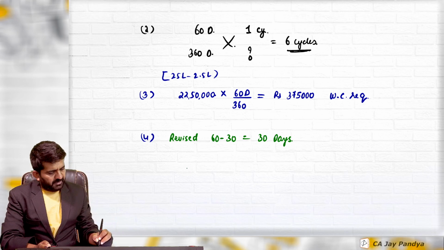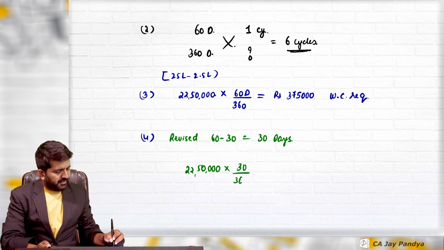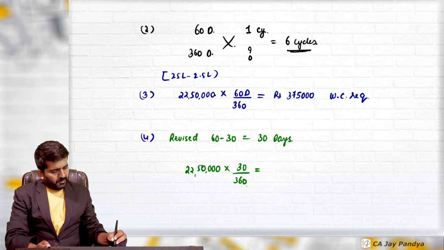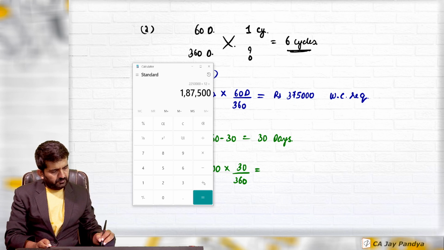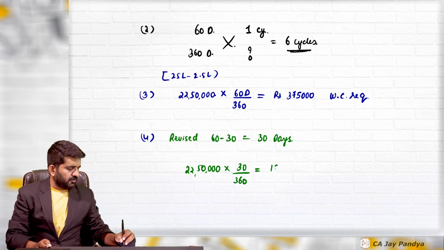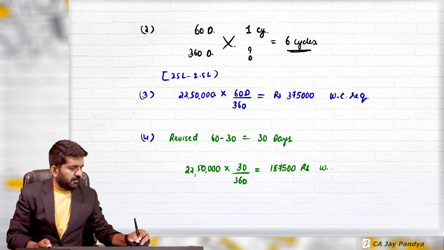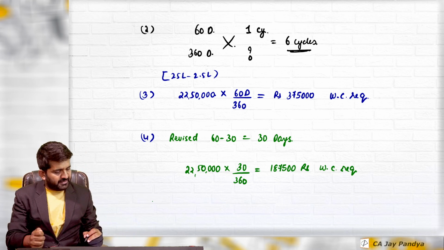And hence my working capital requirement will be 22 lakh 50,000 into 30 divided by 360, which is 1,87,500, will be my new working capital requirement if I discontinue credit sales.